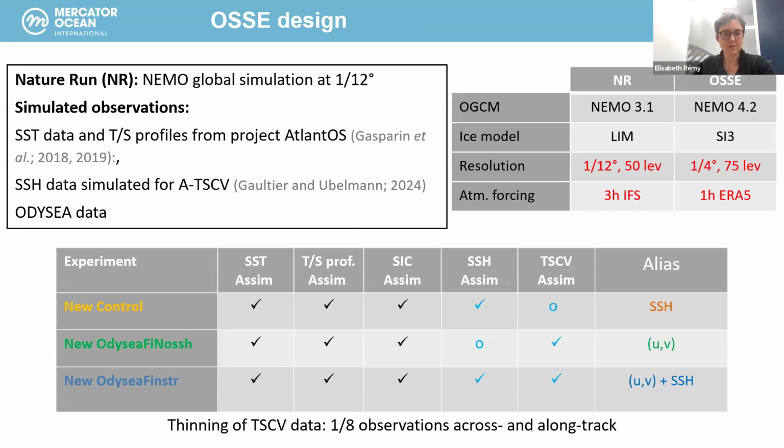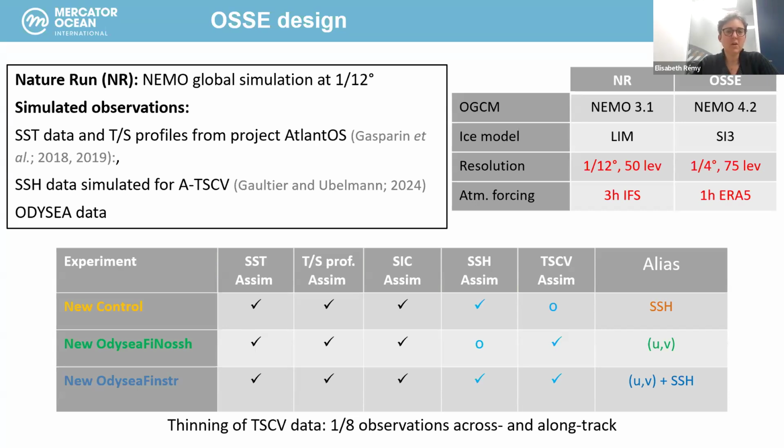And then I will look at the last one, when we add the U and V observations simulated as for the Odysea mission. I should say that we thin the observations because we have a 1/4 of a degree, quite a low resolution model, so the density would be too high. We may improve in the future the way we use them with super-obs, but here we just use thinning methods.